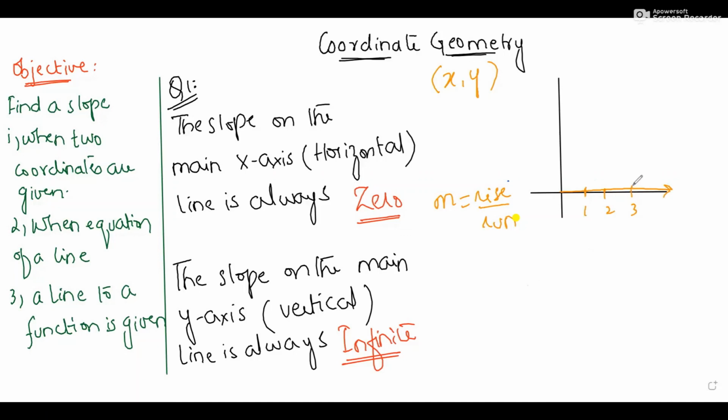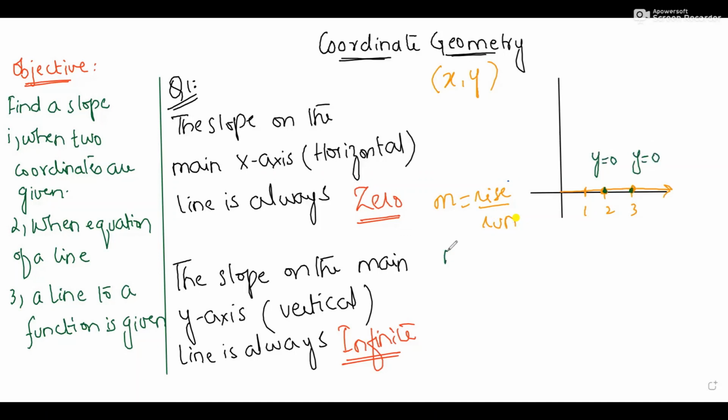If I simply take the values 3 and 2, that is the difference on the x-axis, the values of y on both points are always 0.